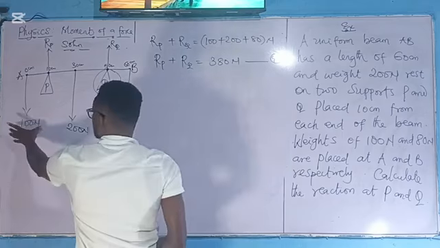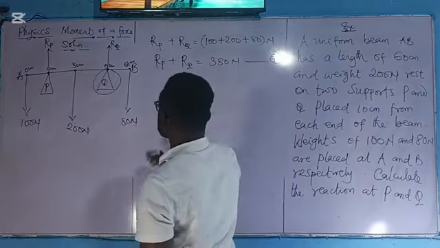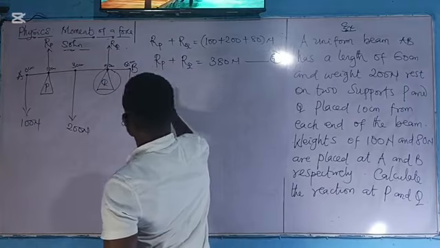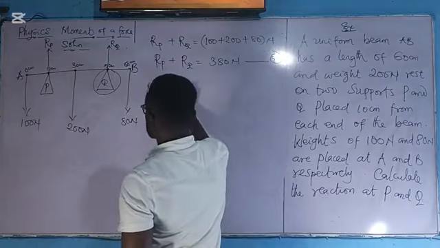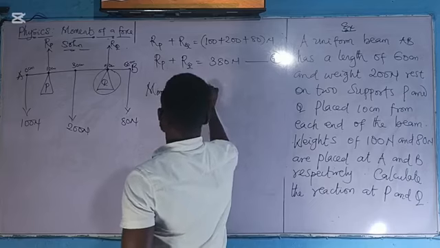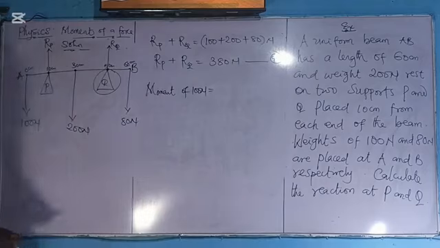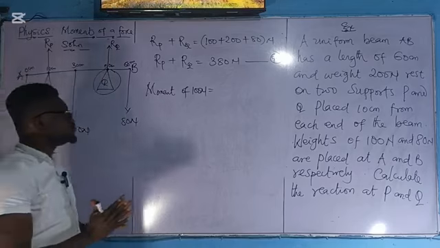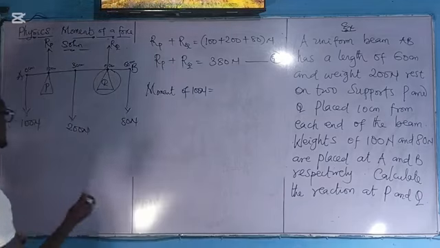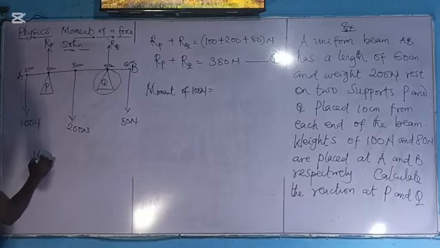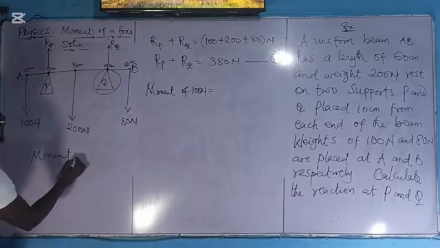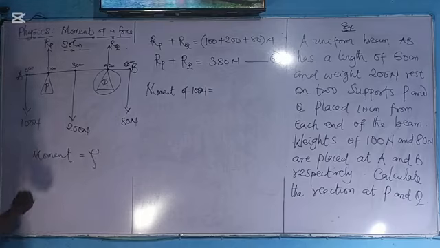So once you neglect this, then we work with this. Now we are going to get the moments of each of the forces. Now we have the moment of 100 Newton from the turning point, from P. Now, at this point, I would like to use a symbol for moment. I will be using this to represent moment.